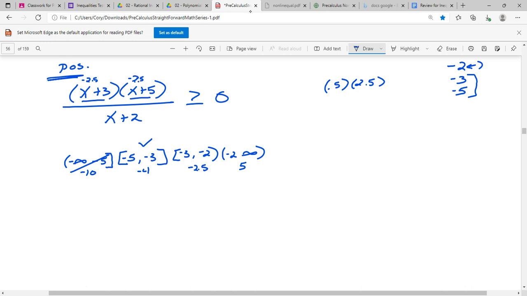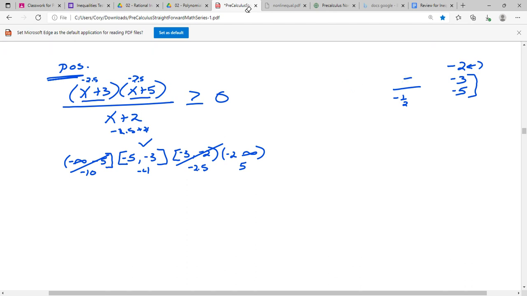Alright, half of 2.5 will be 1 1/4. Okay, and then negative 2.5 plus 2, that would be negative 1/2. So this is a negative and a positive. That means this whole thing's negative, and it does not work. All I'm looking for is to see if it comes out negative or positive on these.